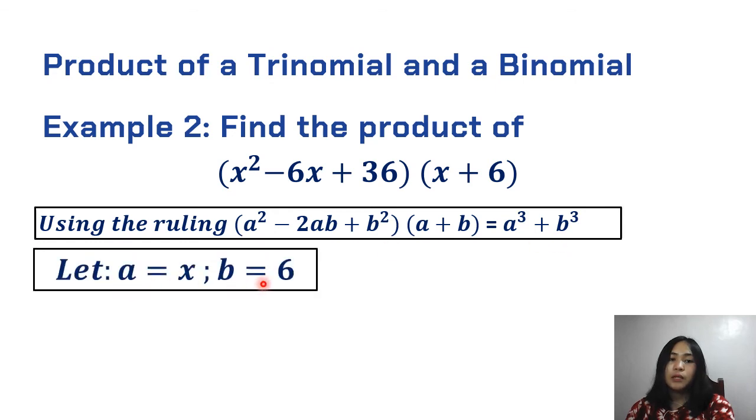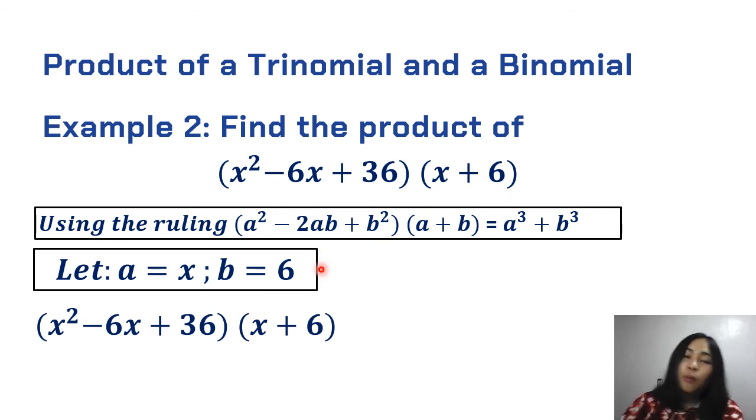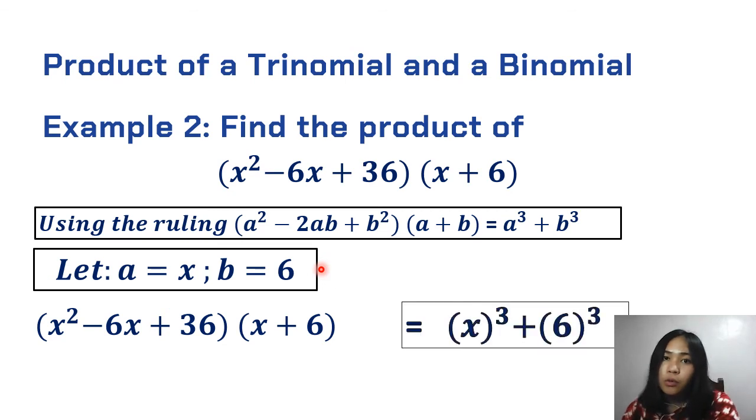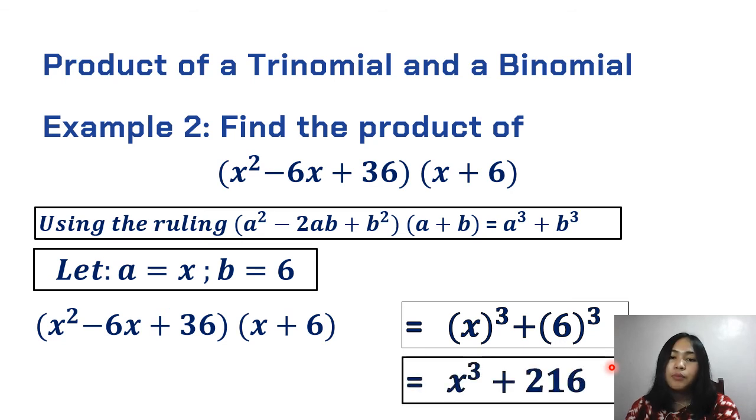So, A and B natin, si A is x and si B is 6. Why? Because we're going to look at the binomial. So, therefore, x squared minus 6x plus 36 multiplied by x plus 6. So, x to the power of 3 plus 6 to the power of 3. So, the result is x cubed plus 216.